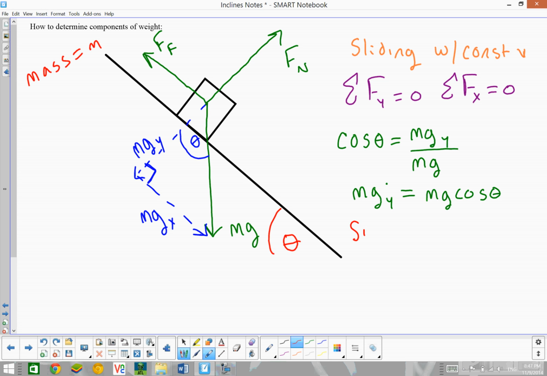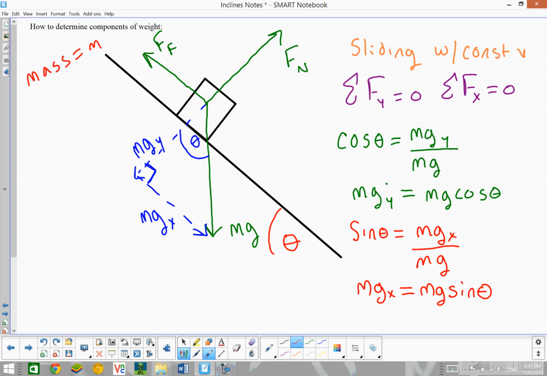I'll say that the sine of my angle theta is equal to mgx, my opposite, over mg, the hypotenuse. Once again, what I really care about is mgx. So I'm going to rearrange that to show that mgx is equal to mg times the sine of my angle theta. And again, that's how I will be writing it from here on out.